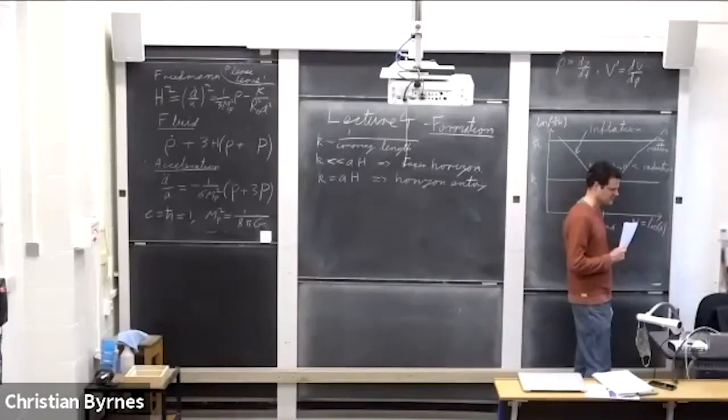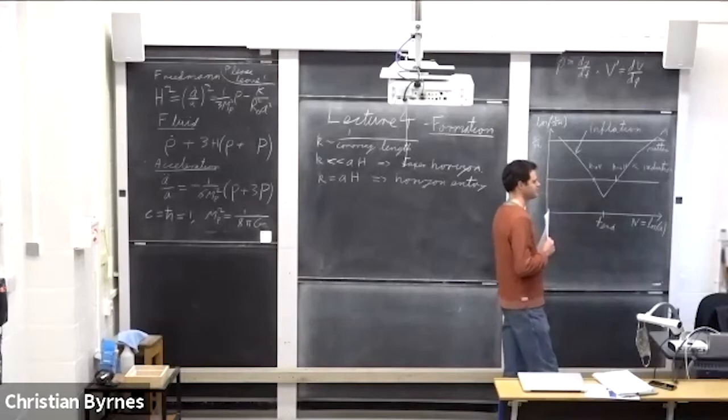I mean log a can represent the time flow, right? That's right. So what's the point? Why do you compare that line with the present horizon line? I mean, they are at different times, right?